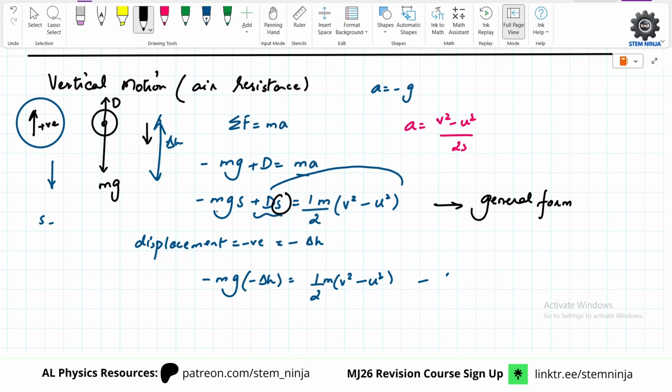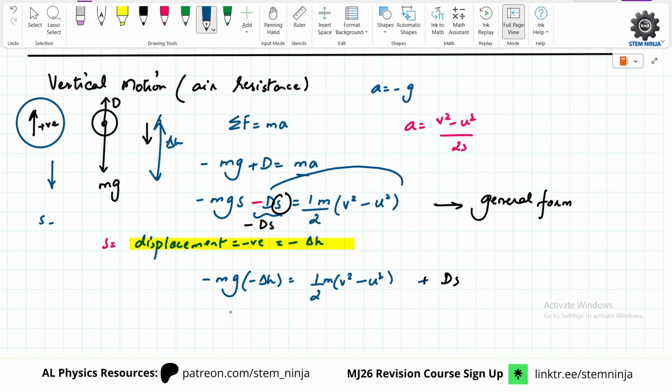Remember, it's negative, so this would essentially turn into negative ds, and on the other side it's plus. So technically we could have left it over there, but remember, s is negative, displacement is negative, so this would have actually turned negative ds by itself.